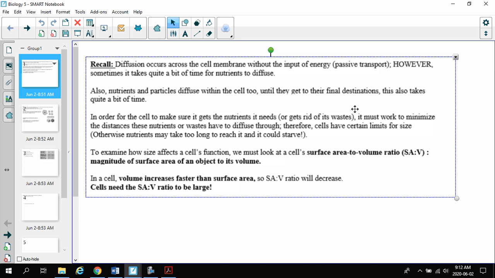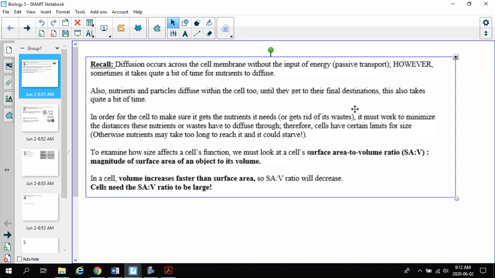In order for the cell to make sure that it gets the nutrients that it needs, we've talked a lot about things getting in, but the cells also need to excrete things that they're done with or that they've produced. That's waste, or hormones that the cell is producing, or different proteins. So in order to make sure that it's getting what it needs and getting rid of what it needs to get rid of, it must work to minimize the distances through which these nutrients or wastes have to diffuse.